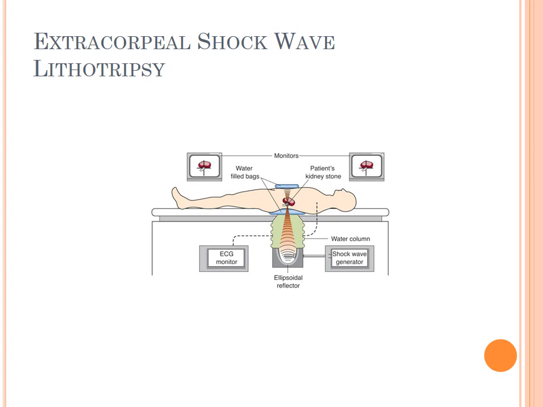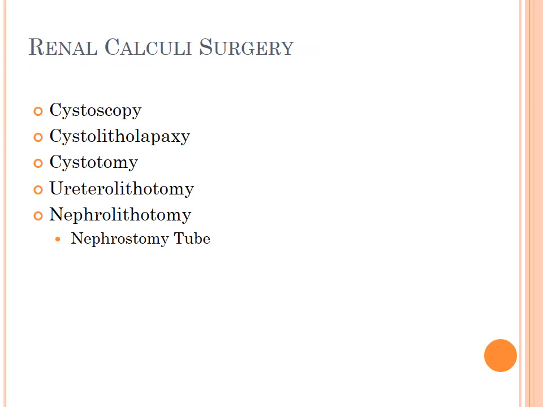to break the stone into smaller pieces so it can be eliminated. It may require other interventions where they will need to perform a procedure to get the stone. It could be done during a cystoscopy, where they'll go in and take the stone out, or a cystolithopaxy, where an instrument inserted into the urethra will break up the stone.